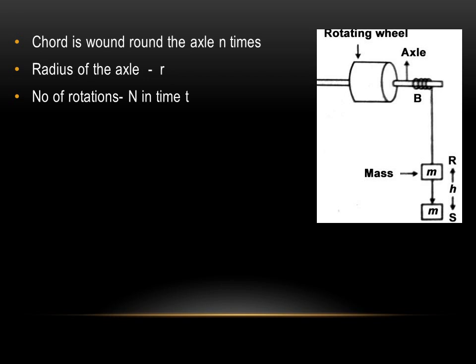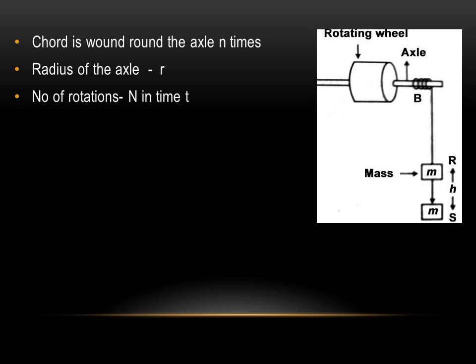There is a cord wound on the axle. There are n small turns of winding on the axle. So this is the number of wounds on the axle. Small r is the radius of the axle, and a mass is attached to the end of the cord.